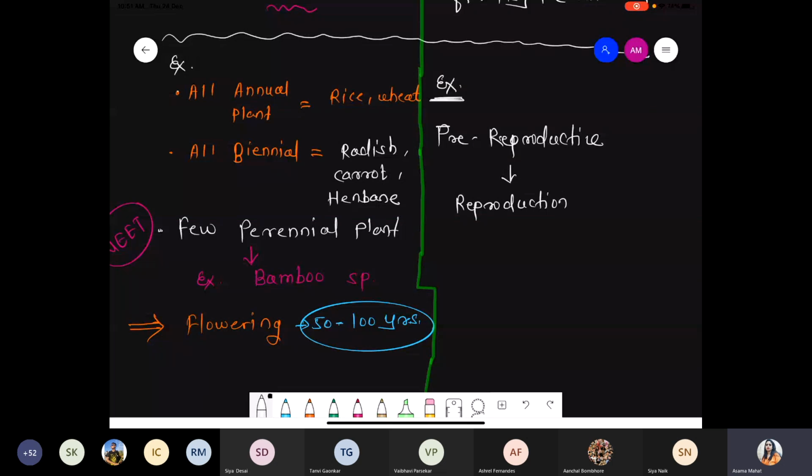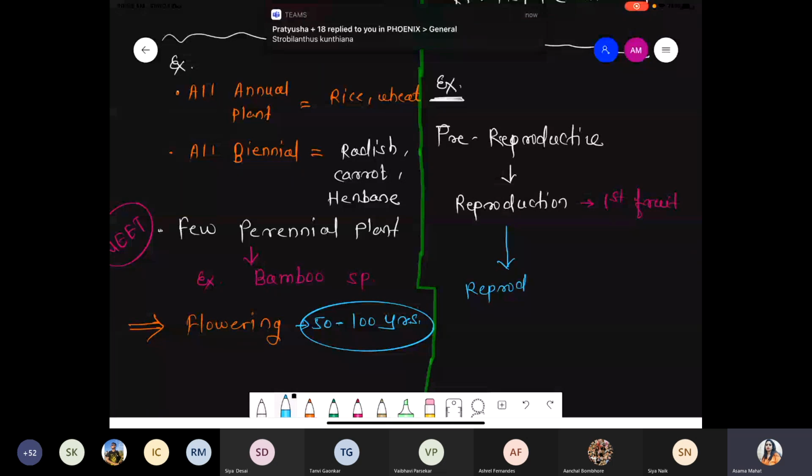After the reproductive phase, there is a small gap. So for example, during the reproductive phase, this is the first-time formation of the fruit and the flower. So for example, these are the first fruit. After that, again it will undergo the process of reproduction. But during this, now they can form a second fruit.